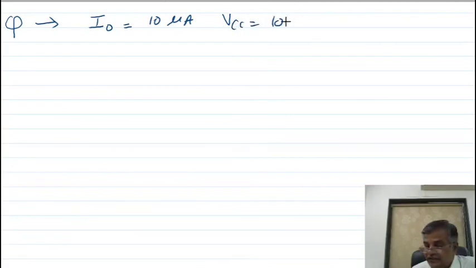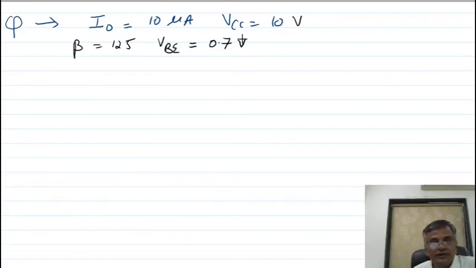VCC is 10 volt, beta is 125, VBE is 0.7 volt. Calculate the value of R1 if you want to get 10 microampere current in a current mirror circuit. Let us see the answer.